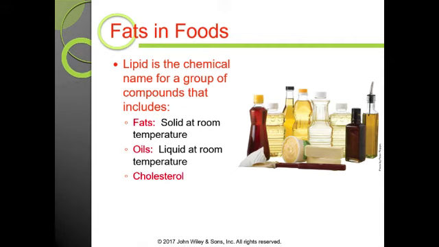When I think of fat, I'm referring to more of a solid product at room temperature. Oil is generally liquid at room temperature. And then there's cholesterol, and we'll talk in great detail about cholesterol today, but it's another substance that's found in food of animal products.